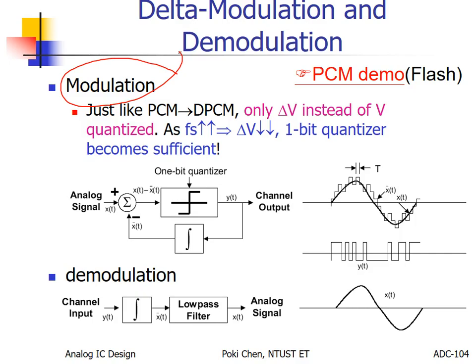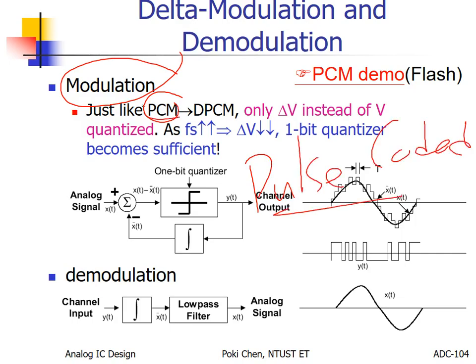In the past, I think you already learned something from communication systems or linear systems. That is the so-called delta modulation. As I told you already, PCM, pulse-coded modulation, means we quantize the overall magnitude.